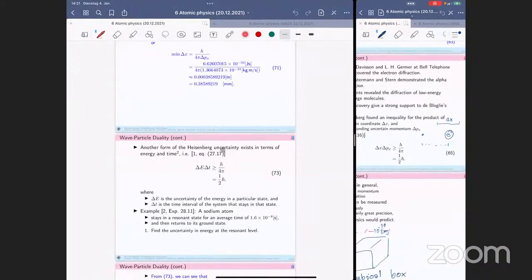Not only the location and the momentum along the x-axis, it actually involves the speed along the x-axis, but also the energy and the time.